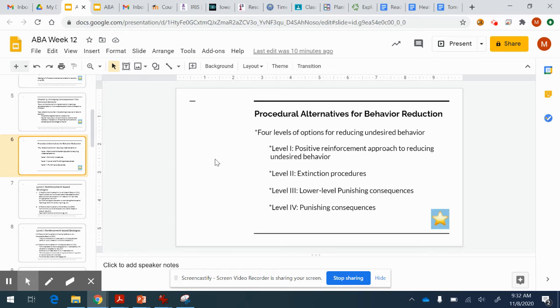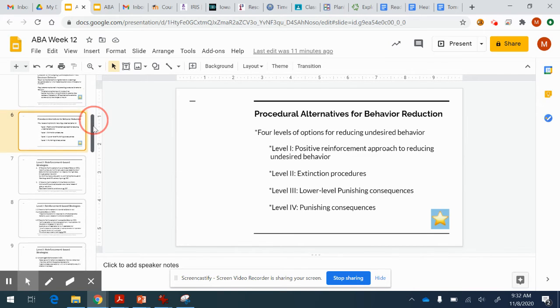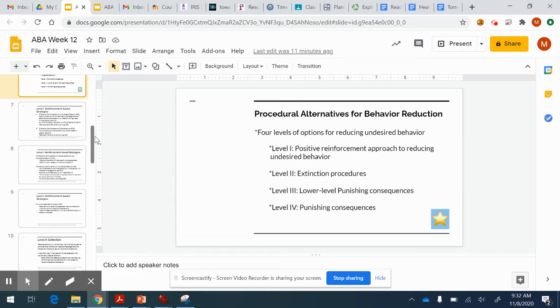Level 3, we're talking about punishing consequences, and when we talk about level 3 and level 4, the difference is level 3 has some of those lower level punishing consequences. Once you get to level 4, then we talk more about what we really think of as punishing consequences. Most of the stuff in level 4 you will not want to do in a school. So just keep that in the back of your mind.